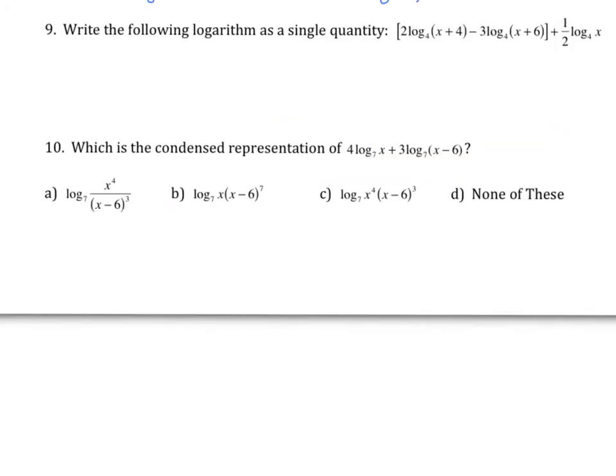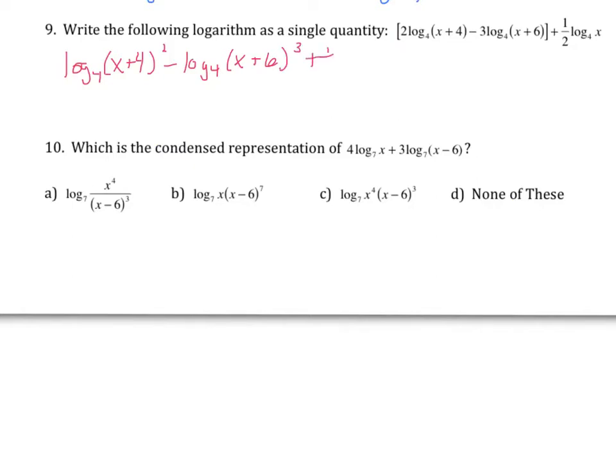In number 9, we want to condense the logarithm. So first thing we're going to do is take all of the coefficients and move them to the exponent of their term. So we're going to have log base 4 of x plus 4 squared, and that will be minus log base 4 of x plus 6 cubed, and then we still have the plus 1/2.